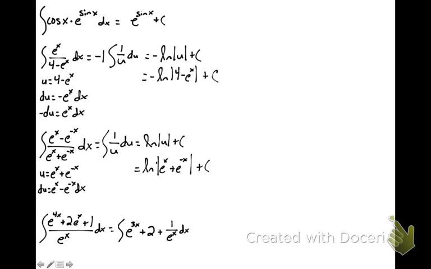And so when I integrate this, I'll have 1/3 e to the 3x plus 2x minus e to the negative x plus c.